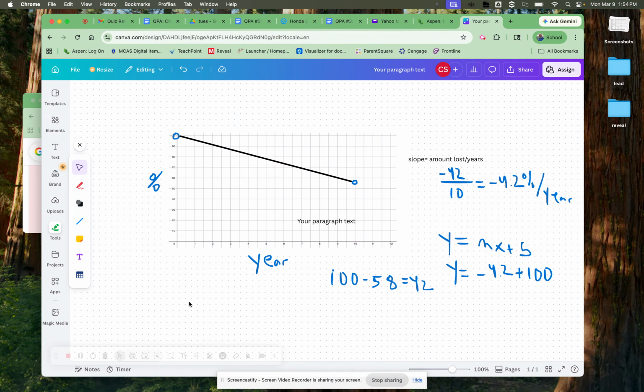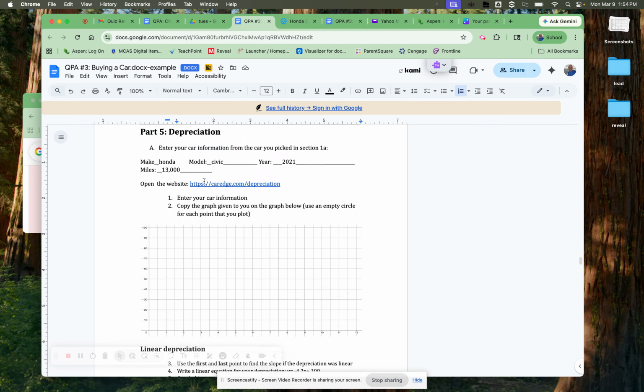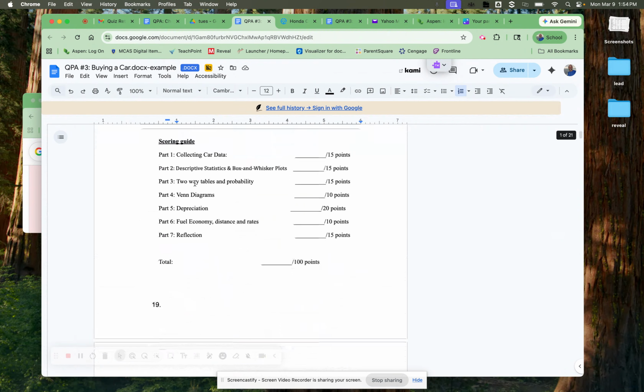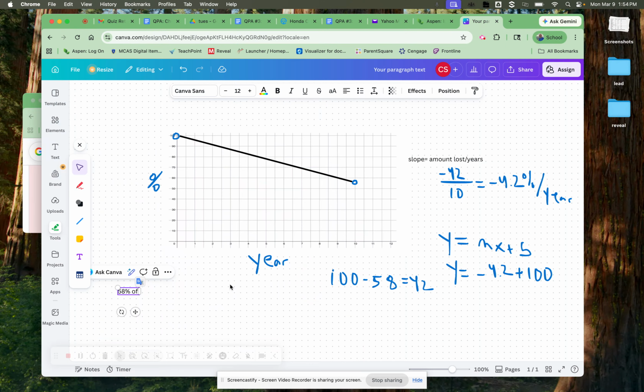So it says 58% of the car. How much is the car worth? I'm buying it for $22,900.